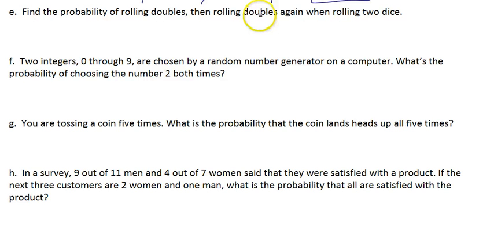All right, now for part E, I want to find the probability of rolling doubles and then rolling doubles again when rolling 2 dice. So probability of doubles times probability of doubles. And at this stage, you might not be writing down in words anymore. That's okay. Once you get the hang of these ones with the multiplying, you don't have to write down the words.